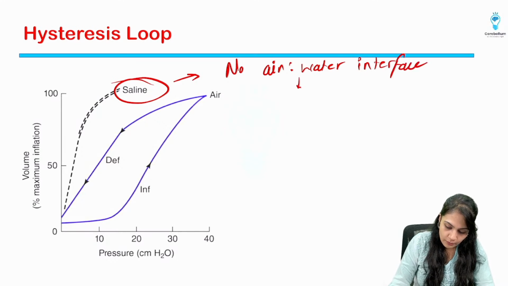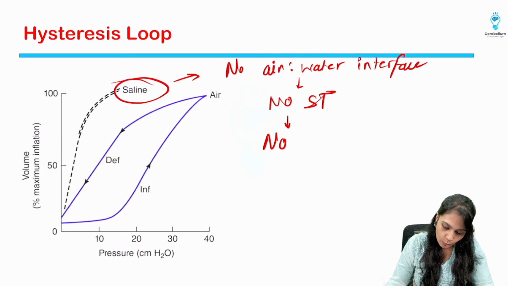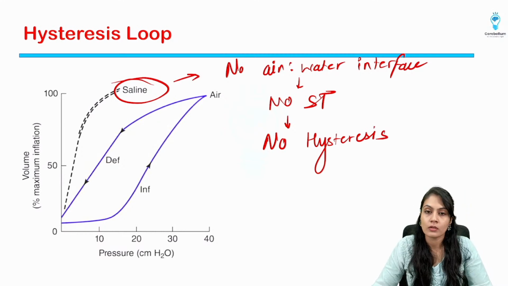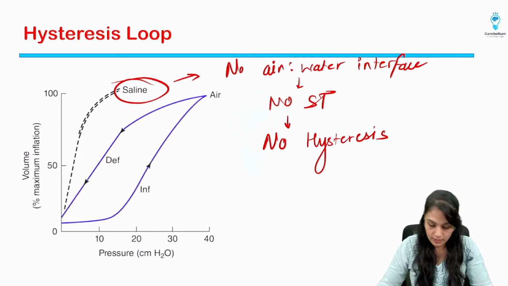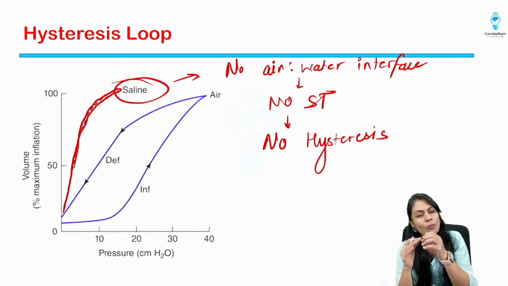If there is no air-water interface, that means there is no surface tension. If there is no surface tension, there will be almost negligible or no hysteresis, and that's why if you see the compliance during inspiration and during expiration, it's almost overlapping.